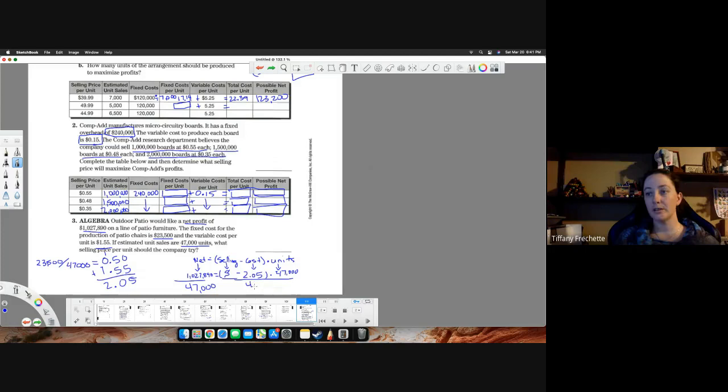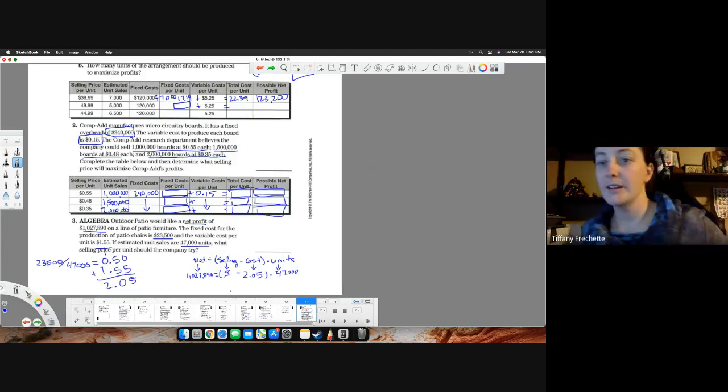If you distribute, which is, again, still an option, you multiply by 47,000 for both. You're going to have to add that number over here and then divide by 47,000. So you end up dividing by 47,000 anyway, either way you do this.